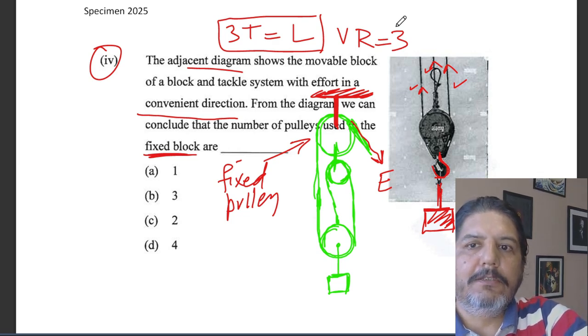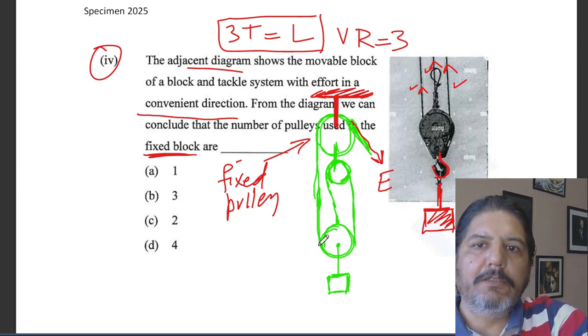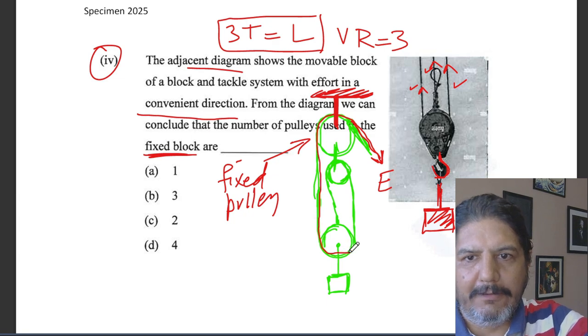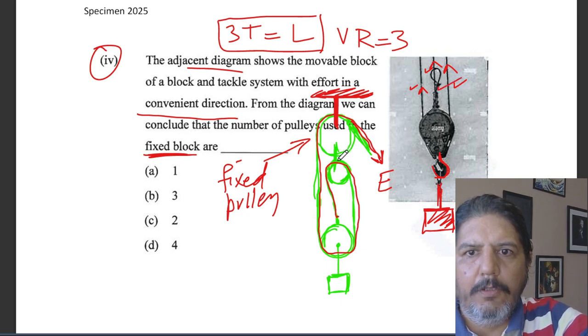And when the VR is 3, basically we'll have a configuration like this. This rope would be running like this. This would be the effort, then it will go once like this. Then it will come back, and then here there will be a hook, which is this hook.